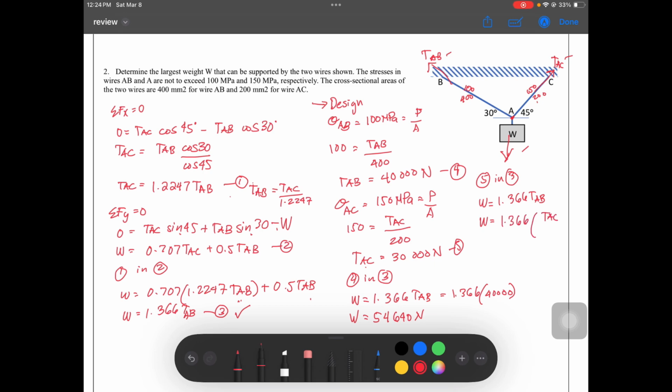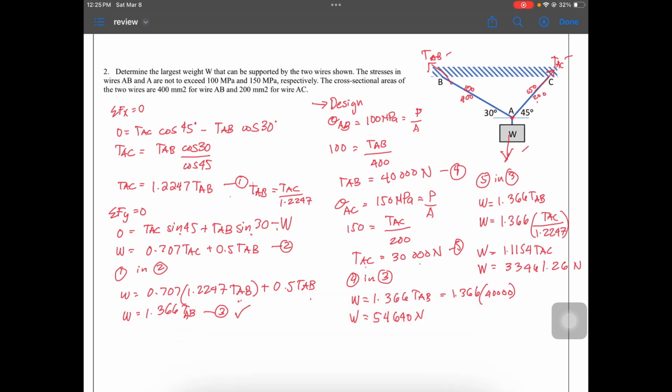So, TAC over 1.2247. So, this is equal to, and TAC is equal to 30,000. Substituting 30,000 dito. This is equal to 33,461.2 Newton.